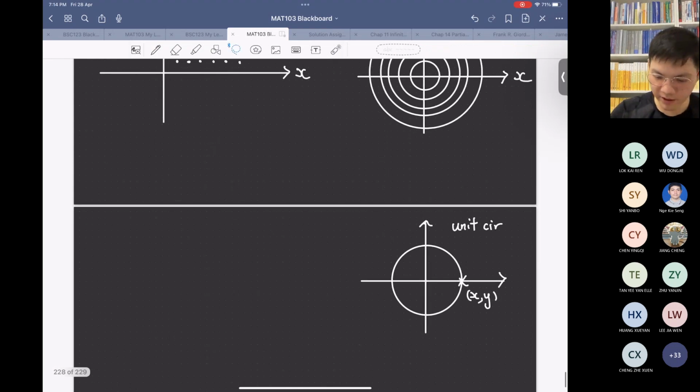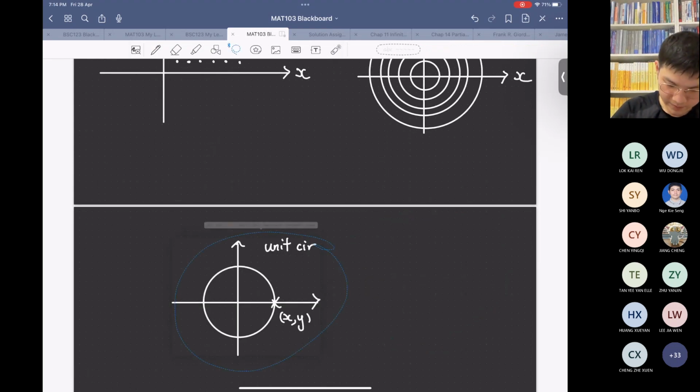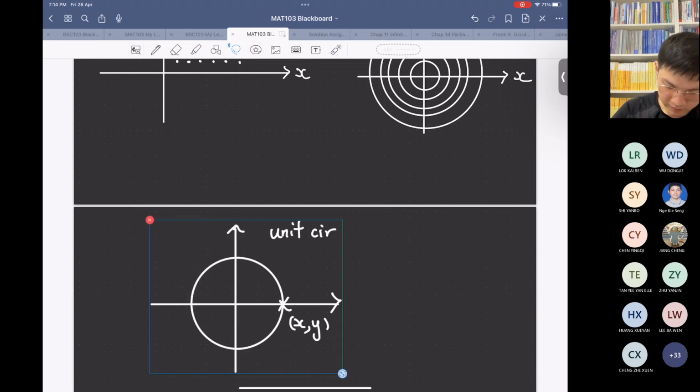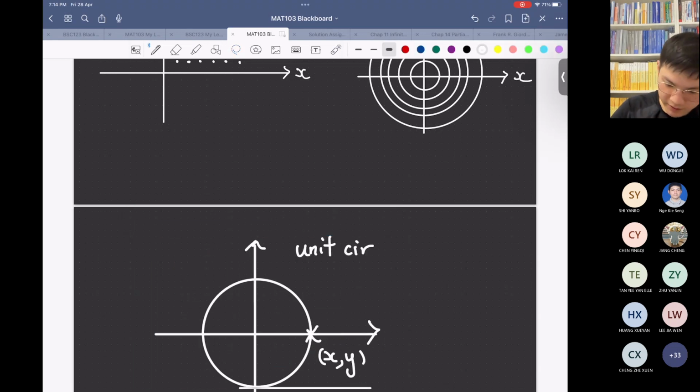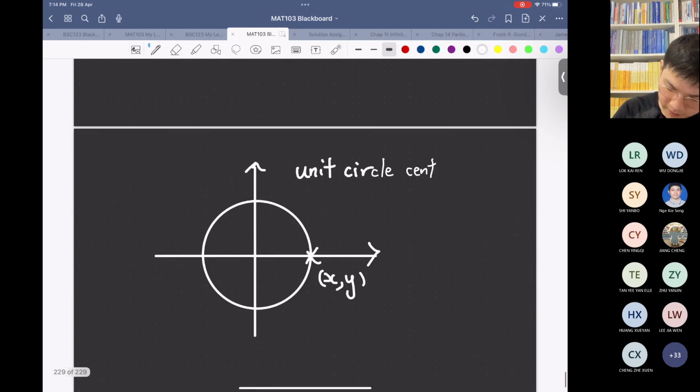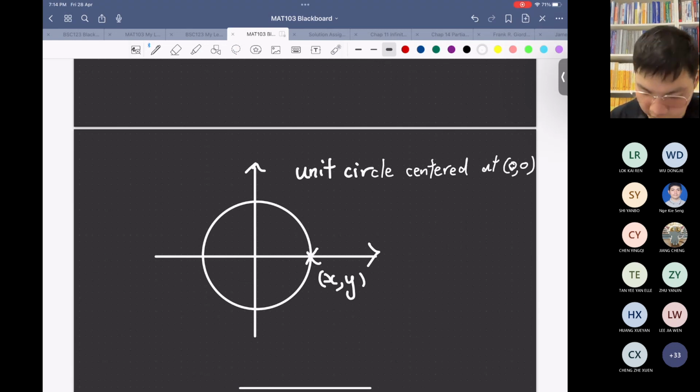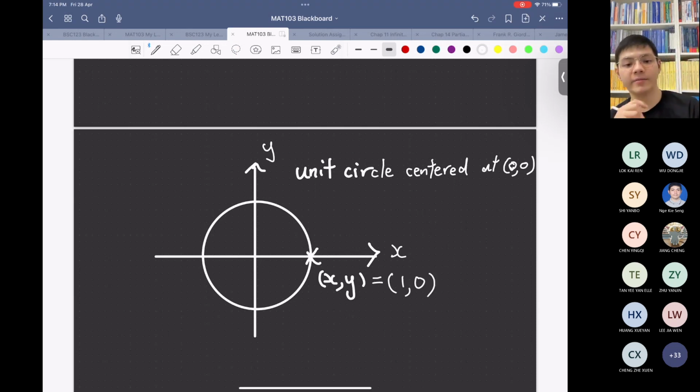Maybe I just make it bigger then. So this is a unit circle centered at 0, 0. I look at the intersection with the x-axis. So this point is really 1, 0, right?